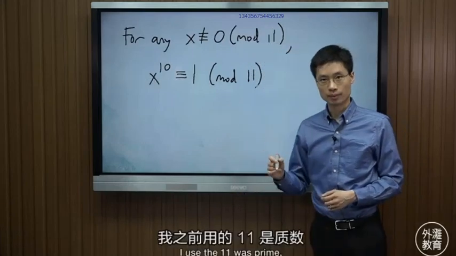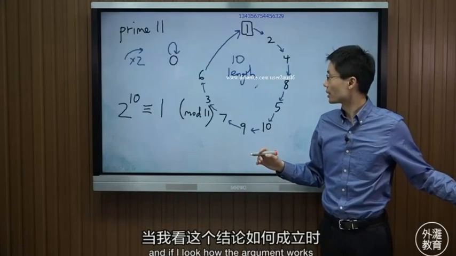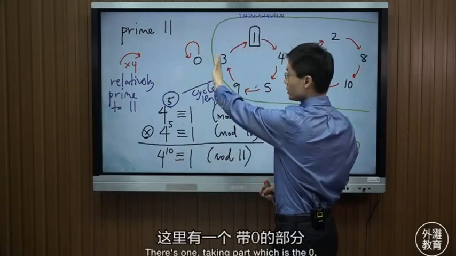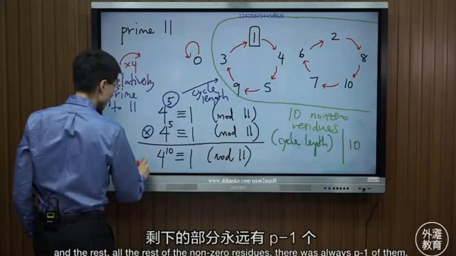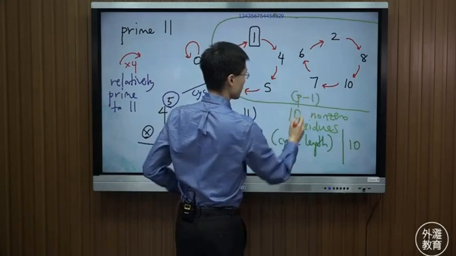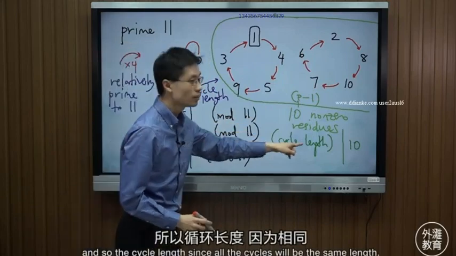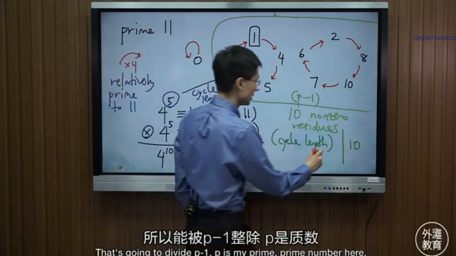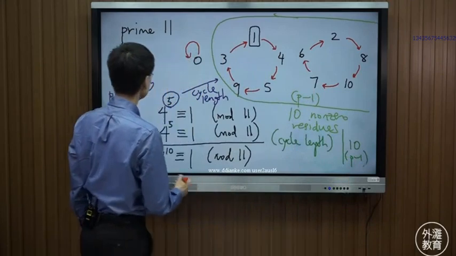I used that 11 was prime. And if I look at how the argument works, whatever the prime is, there's one taken apart, which is the 0. And all the rest of the non-zero residues, there are p minus 1 of them. There are always p minus 1 non-zero residues. And so the cycle length, since all the cycles will always be the same length, is going to divide p minus 1. p is my prime number here.